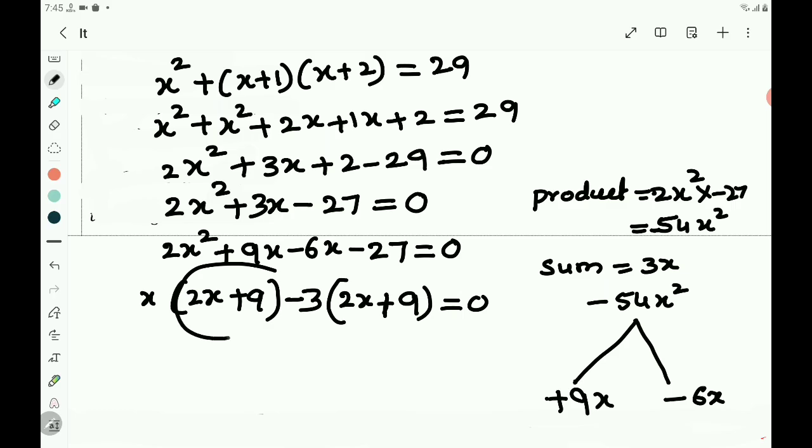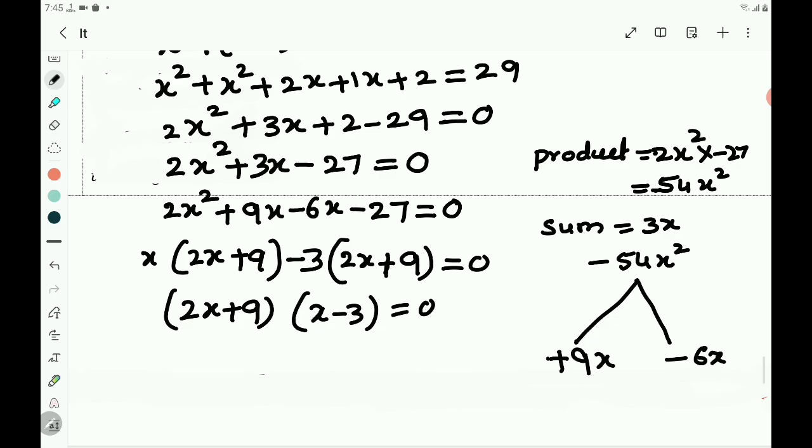Now here these two brackets are having the same terms. Take that as a common bracket, common term. Then what is remaining here? x. What is remaining here? Minus 3 equals 0.